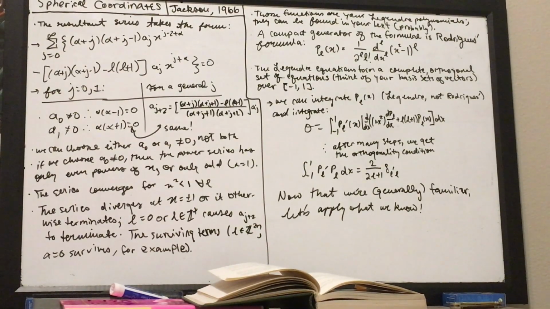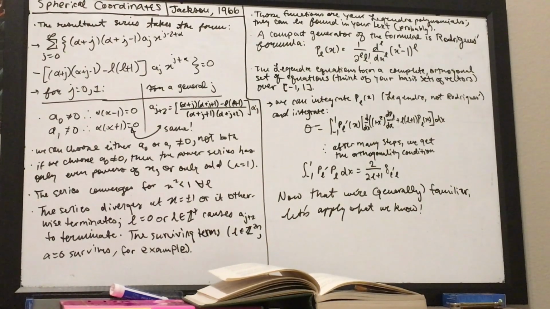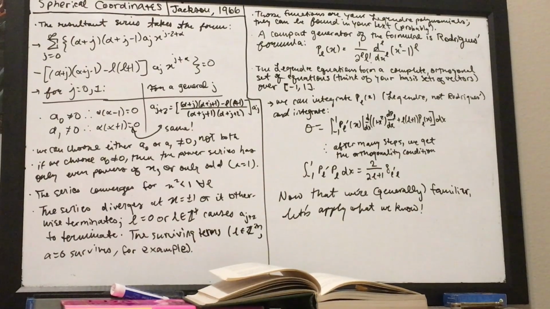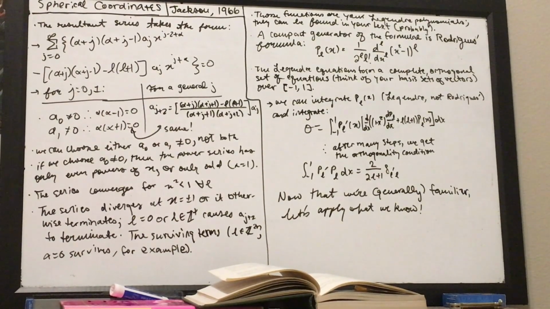And then we subtract from that the product of alpha plus j and alpha plus j minus 1 minus our L times L plus 1 term, all multiplied against a sub j times x to the power of j plus alpha. And then all of that gets set equal to 0, because we're once again trying to solve the Laplacian for this thing.